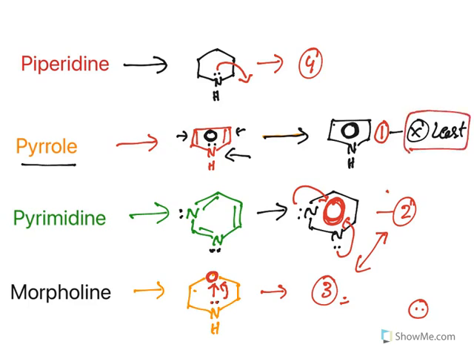After that, pyrimidine: though electron pairs are available, they are under the influence of the delocalized electron withdrawing effect. In morpholine, oxygen will be withdrawing electrons, but the degree is a little bit less. So morpholine is more basic than pyrimidine, whereas the highly basic one is piperidine. So the least is pyrrole, next pyrimidine, next morpholine, and then piperidine. You need to understand the concept, then it will be very useful for any competitive exam.